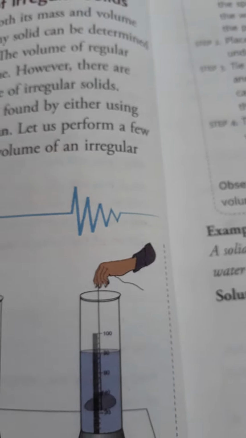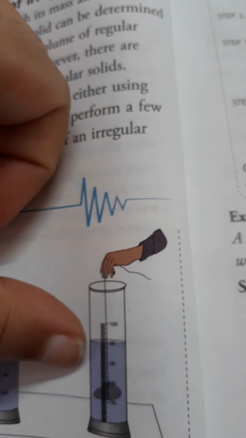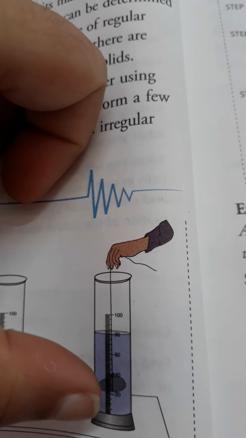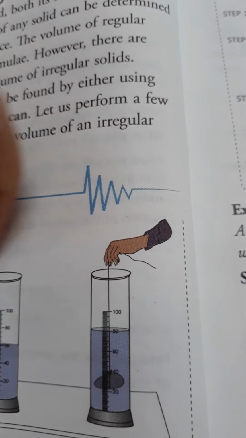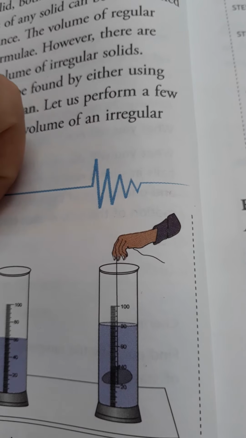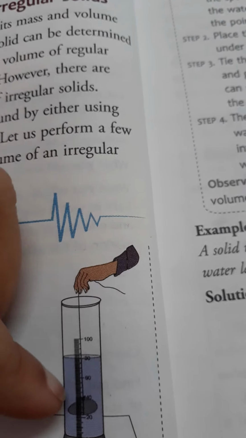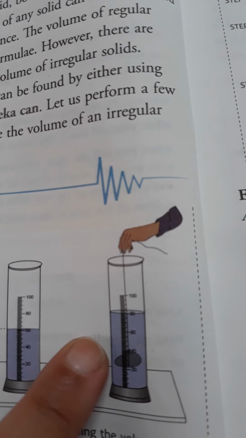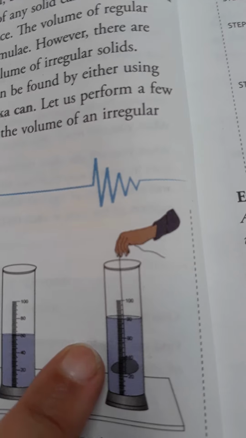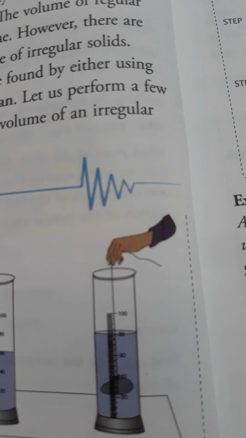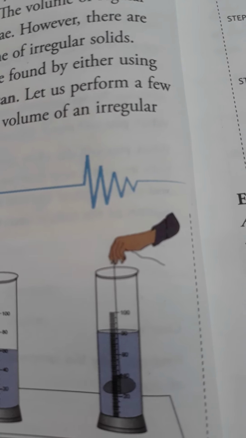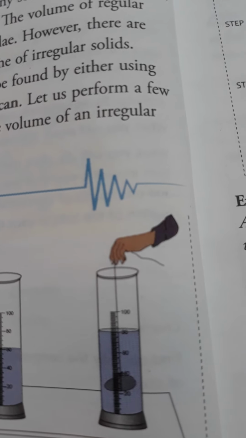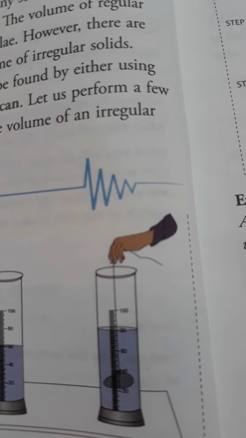So you gently put it inside the cylinder and don't touch its wall or the bottom of the cylinder, until it is completely immersed in the liquid, or water, because here we are choosing water as the liquid.